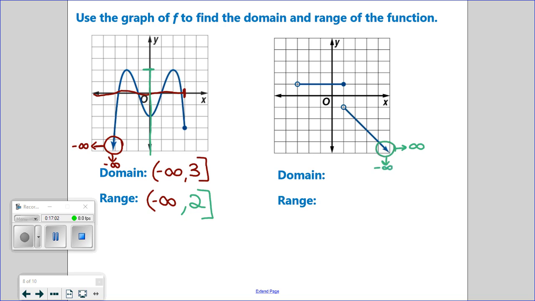Okay. The farthest left this graph goes is going to be here. And it starts here. And as I trace along that little piece of graph, it ends here, right? But my next piece of graph picks up at that exact same x value and continues on. So do I actually have a break there in my domain? No, I don't.